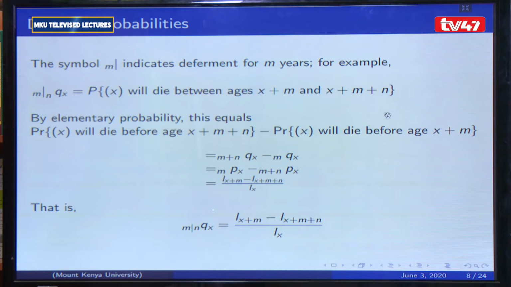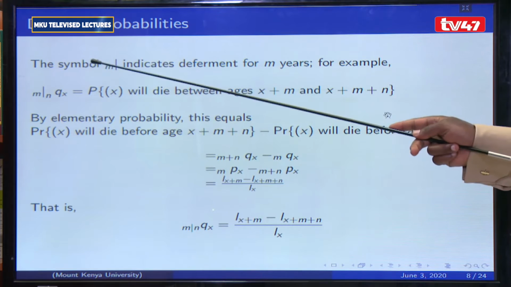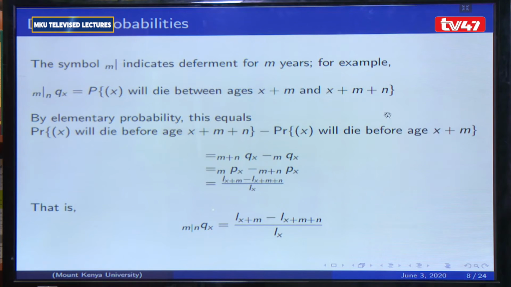Then there is what we refer to as the deferred probabilities. Here we have m, then a vertical bar, and this indicates deferment for m years. For example, m vertical bar n q x denotes the probability that x will die between ages x plus m and x plus m plus n.